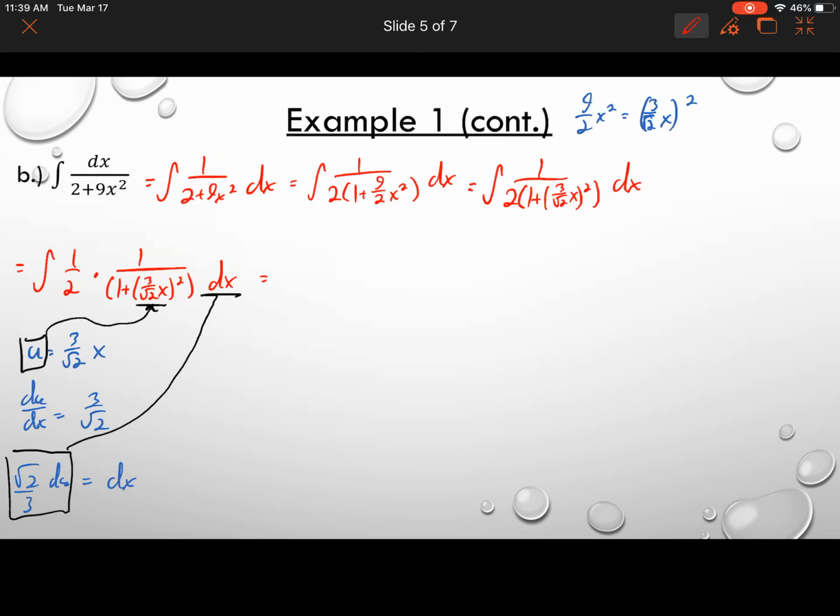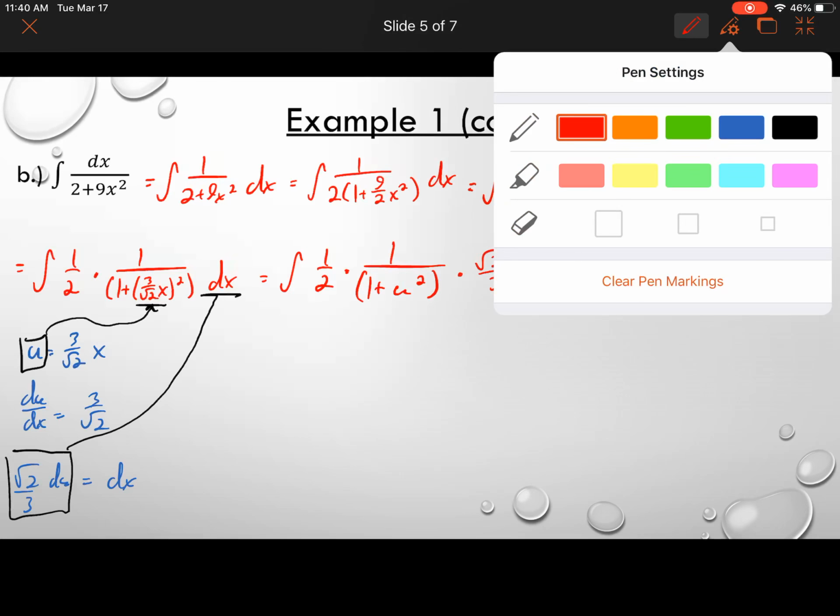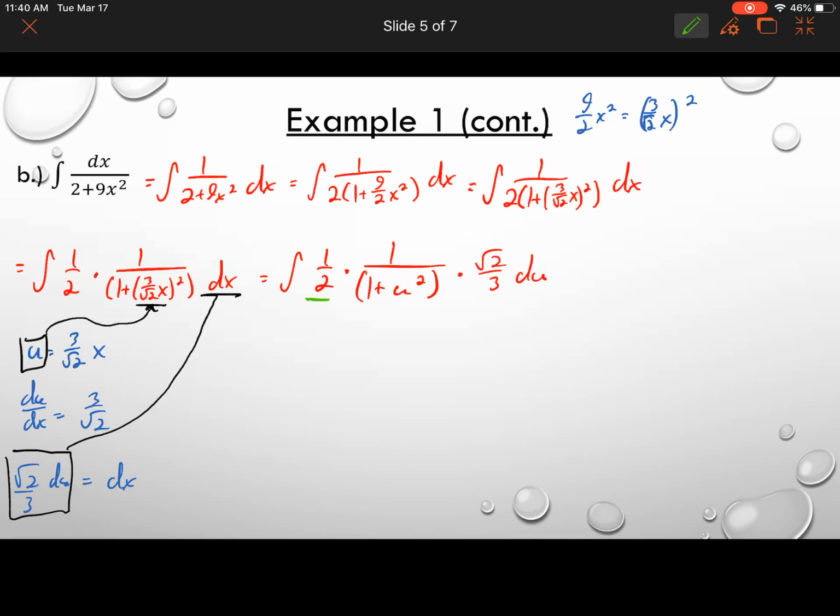So let's rewrite this as the integral of 1/2 times 1 over 1 plus u squared, and then dx, which was radical 2 over 3 du. Let's combine these two constants, 1/2 and radical 2 over 3, by multiplying them.